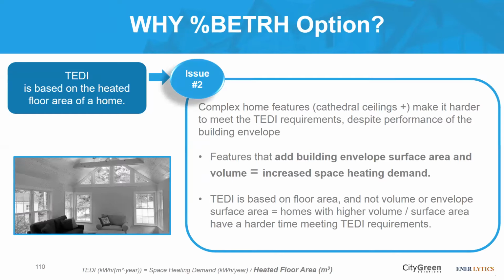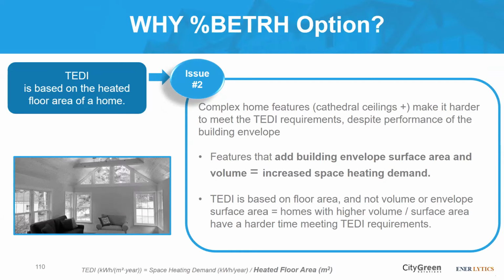So for example, in this image here, we have part of a home with some more complex features, in this case, a cathedral ceiling, and it can make it harder for this home to meet the TEDI requirements. Because in this case, this complex feature of the cathedral ceiling adds building envelope surface area and volume, which increases space heating demand, but because TEDI is based on floor area, it can have a harder time meeting the TEDI metric.